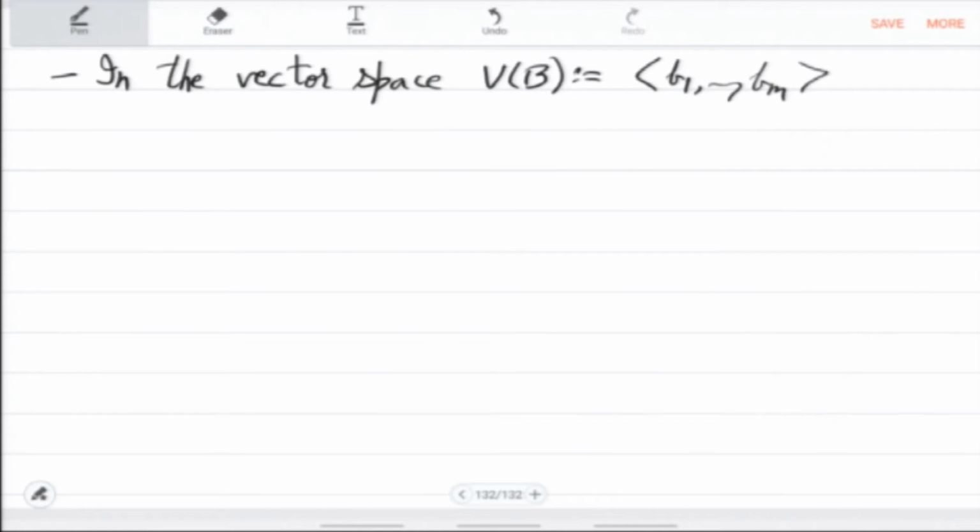So in the vector space generated by B1 to Bm, using coefficients from reals, there is an orthogonal basis.